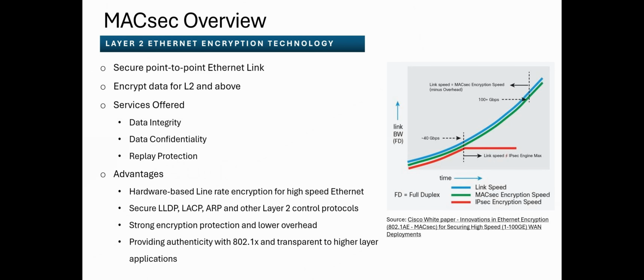You can also do authentication using 802.1x. As of right now, as I'm speaking, we don't have 802.1x on the MACsec stack yet. It's on the roadmap and should be available in the near future.